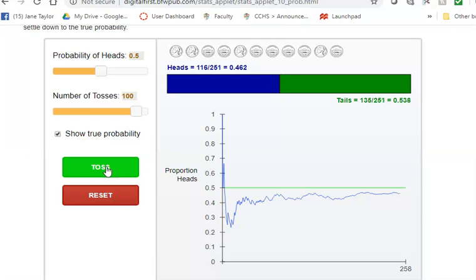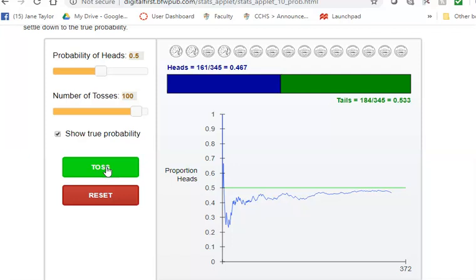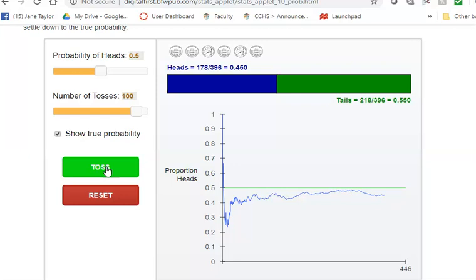It's still wiggling around a little bit, but look at this. It's not nearly as far off as what it was before. I've made 296 tosses now. So let me toss some more. It's kind of going down, isn't it? But the more I toss, the more I'm going to end up leveling off at the true percentage.